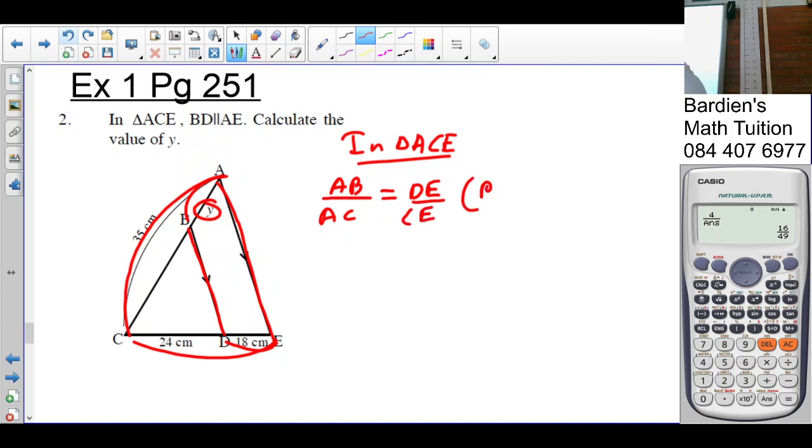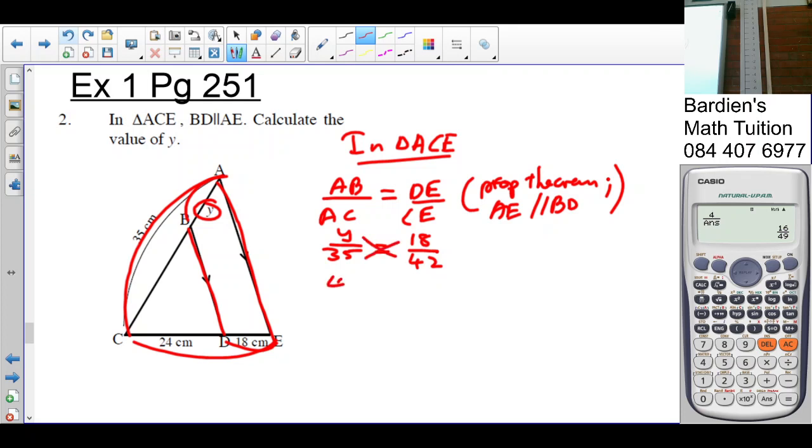And the reason here is the proportionality theorem with AE being parallel to BD. So Y over 35 is equal to 18 over, and what's the whole length of EC? 42. You all agree with that?